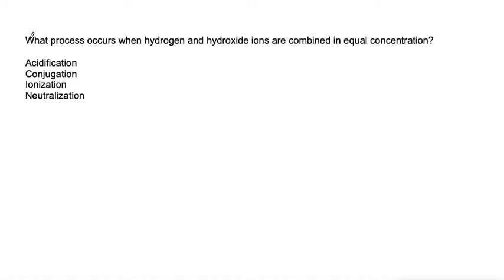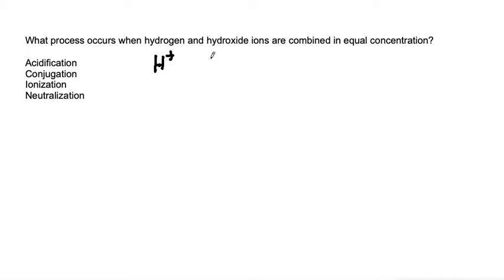This problem says, what process occurs when hydrogen and hydroxide ions are combined in equal concentration? So hydrogen ions are H+, that's a hydrogen as an ion, which makes a plus charge since it's in group 1.